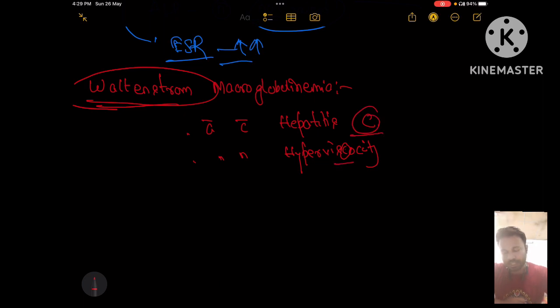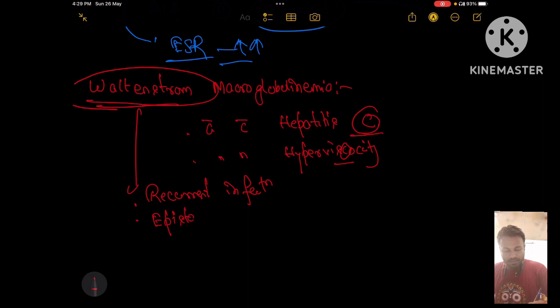Hepatitis C, hyperviscosity. And here we can see recurrent infection. Next, epistaxis. Next, visual disturbances.